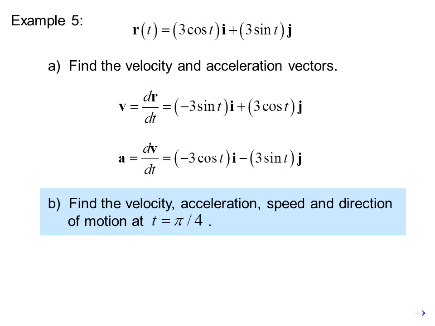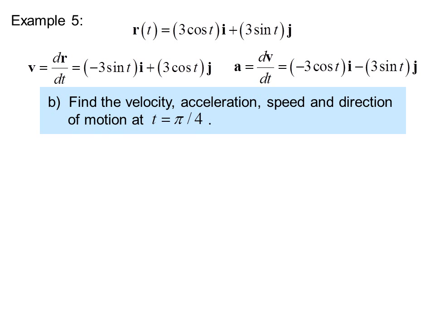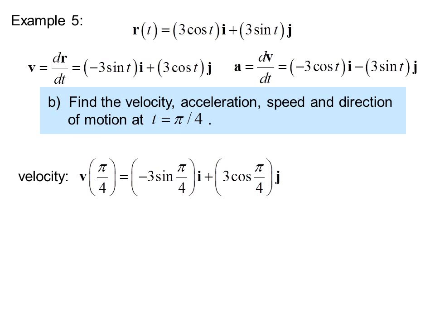B. Find the velocity, acceleration, speed, and direction of motion at t equals pi over 4. The velocity at pi over 4 is negative 3 sine pi over 4 i plus 3 cosine pi over 4 j, which is negative 3 over radical 2 i plus 3 over radical 2 j.